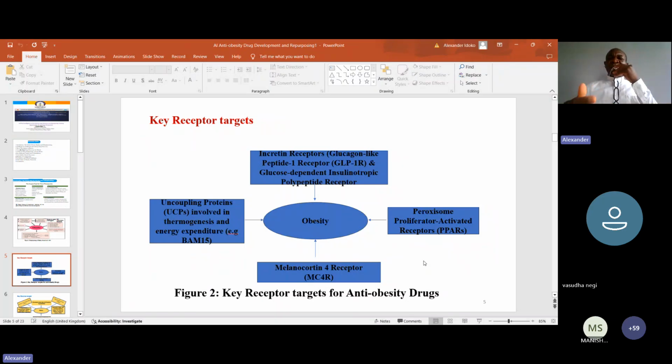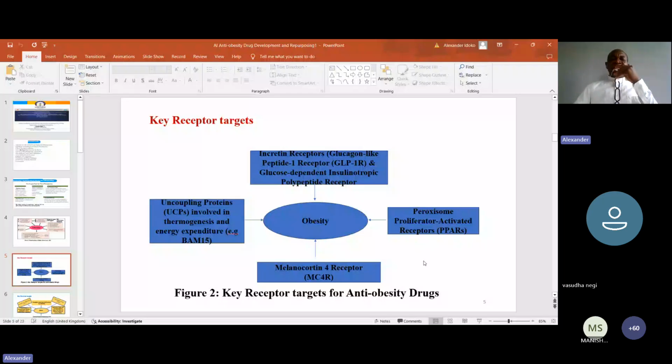They are the glucagon-like peptide 1 receptor, the glucose-dependent insulinotropic polypeptide receptor, the peroxisome proliferator-activated receptor, the melanocortin 4 receptor, and the uncoupling proteins that are involved in thermogenesis and energy expenditure. A good example is BAM15.